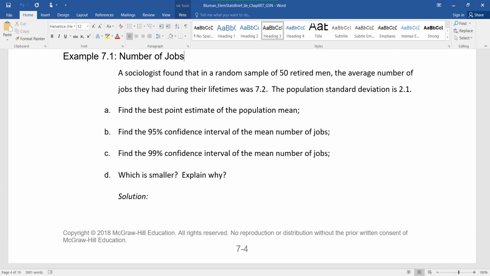That's a lot of jobs. I guess in 50 years, you probably only started working when you were 16. Yeah, but to have 7 jobs, that doesn't seem like you're staying at your jobs very long.